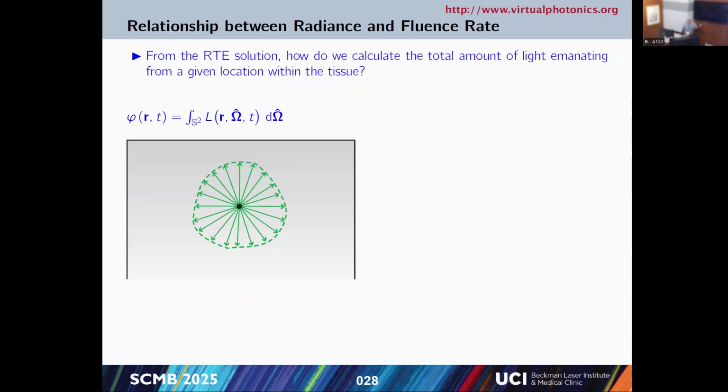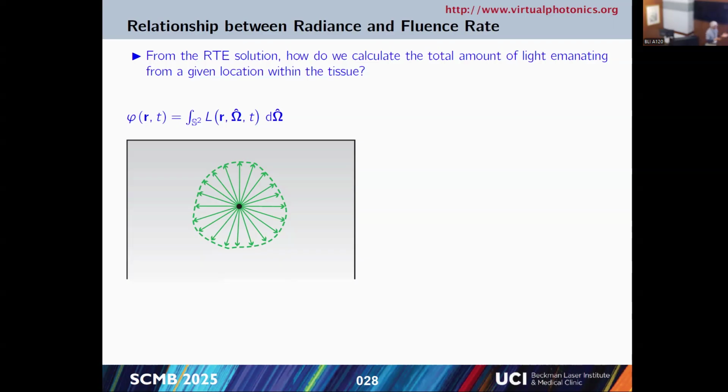Okay, so there's a question about 4 pi and what the steradian is. So again, very few people are interested in the radiance explicitly, but I think it's very important to understand the radiance conceptually. What most of you are probably familiar with is fluence rate, which is the total amount of light emitted from a given point.